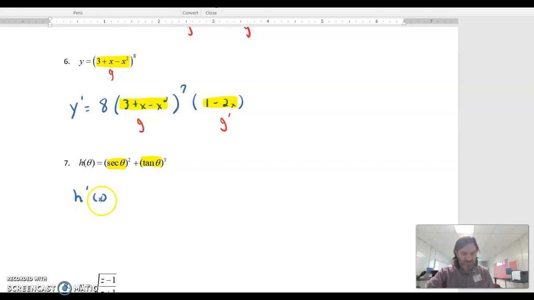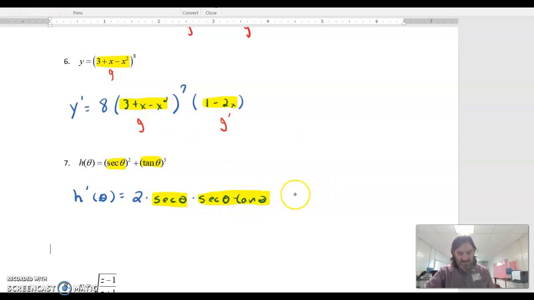So h prime of theta will be, okay, so secant squared, so that means the 2 will come out front, and it'll be times the secant, because it'll be secant to the first, and the derivative of secant is secant tangent. Okay, so there is that g, and there is that g prime, or u if you like it.